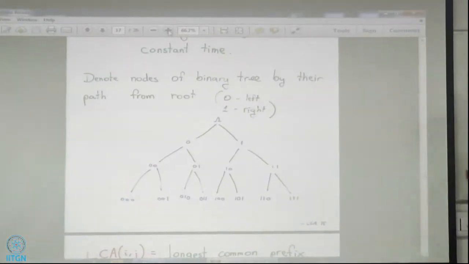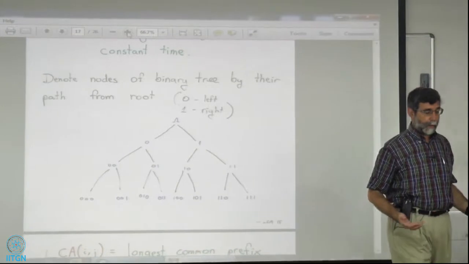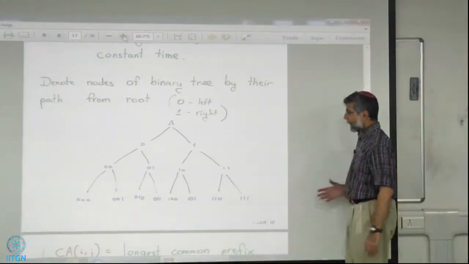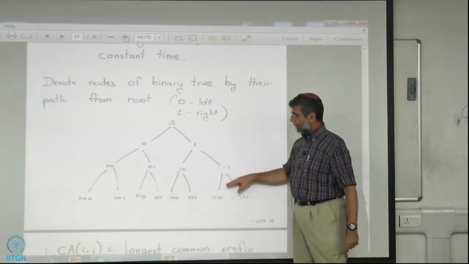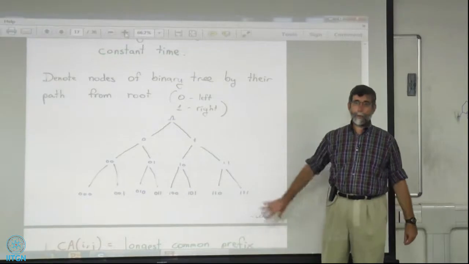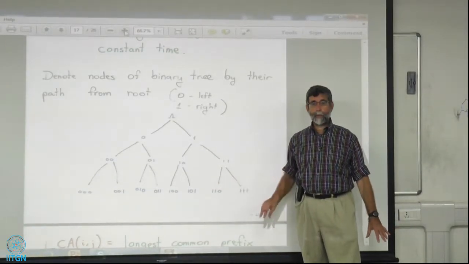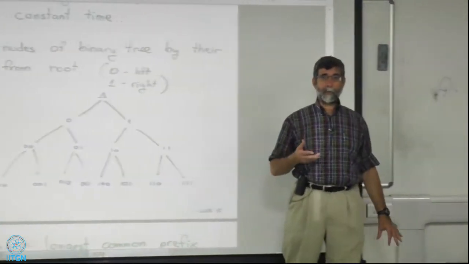Okay, so we're looking at a binary tree, and that's what's so nice about it. We said everything here is a complete binary tree, and if we were looking at a binary tree, you can always give a name to every node. This is also a known trick for dealing with binary trees. You can give a name for every node that actually denotes the path to get to that node from the root.